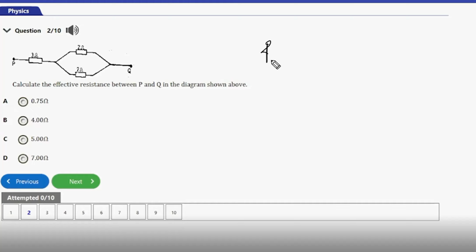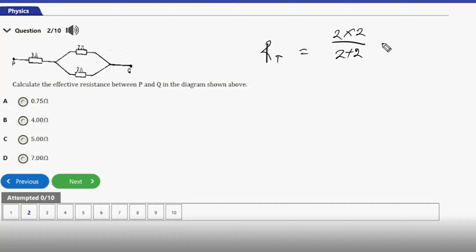So let's say R total is equal to 2 times 2 over 2 plus 2. Remember, we are just doing R1 times R2 over R1 plus R2.